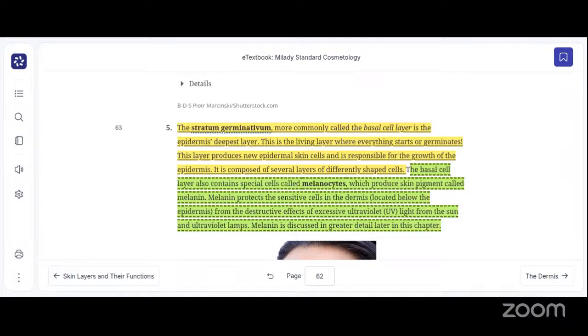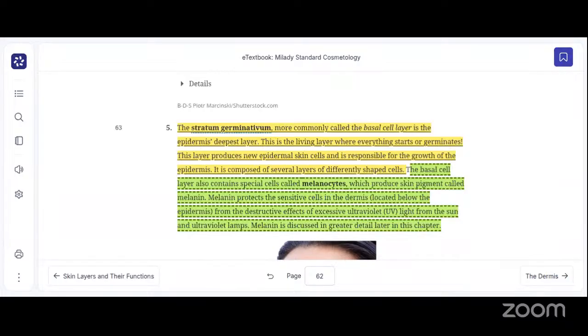But let me tell you, if those products cannot penetrate to this layer, layer five, the basal layer, if those products cannot penetrate down to this level, we are not doing much to the skin. This is where things begin.